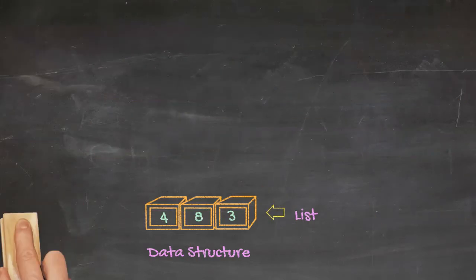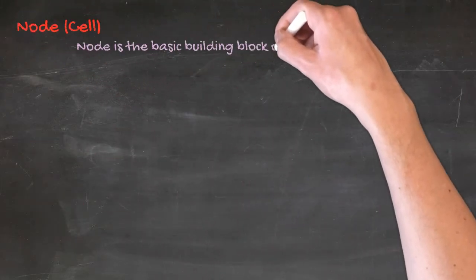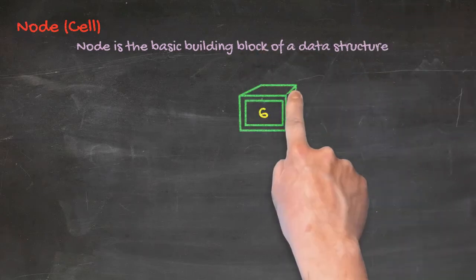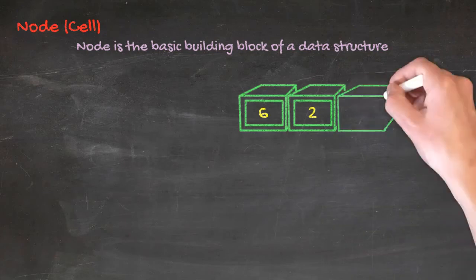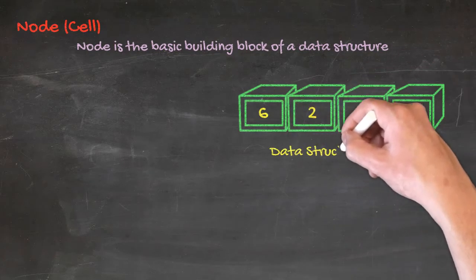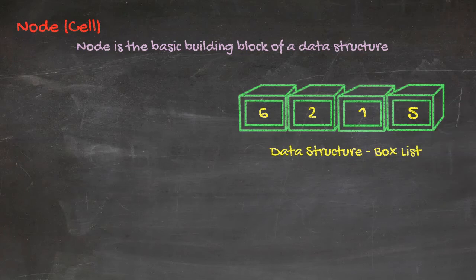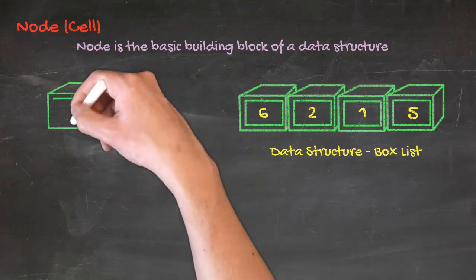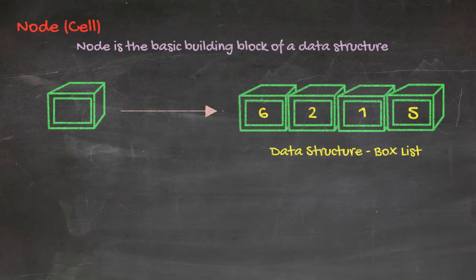Now let's see what a node means. A node is the basic building block of a data structure. Do you remember the box list in our previous example? It's our box list data structure. We used these boxes to create our data structure, right? This box contains data.